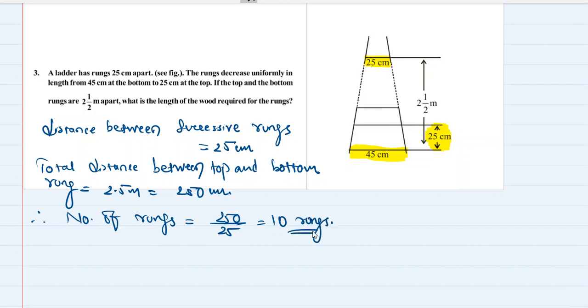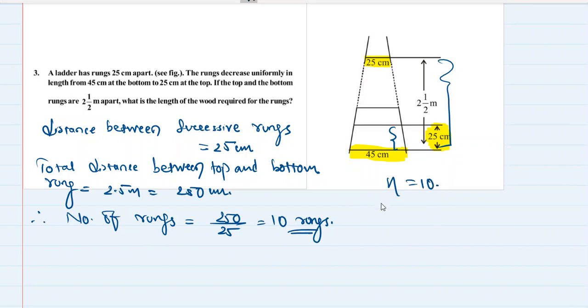So there are 10 steps in this ladder. We knew the distance between each consecutive rung and the total distance from the top to the bottom rung. If we divide them, we get the number of rungs, which is 10. So we know that n is equal to 10.